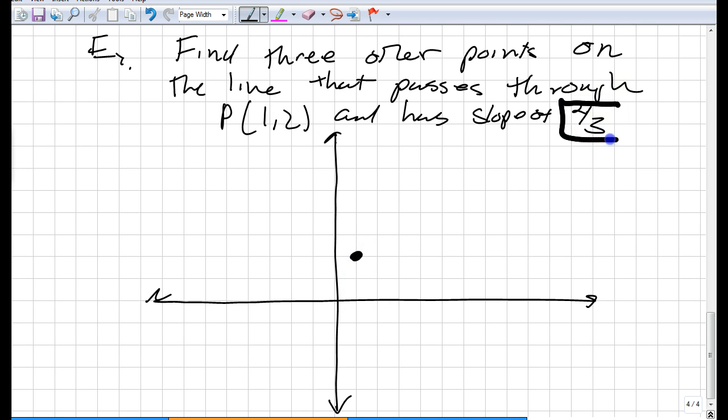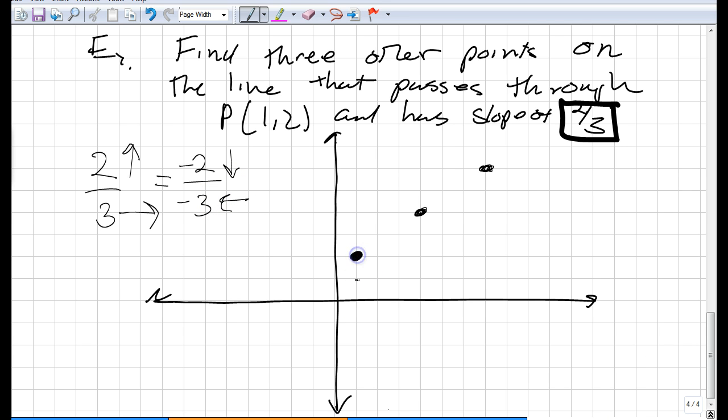But we also know the slope is 2/3. So the 2 tells me to go up 2 and right 3. So from this point, if I go up 2 and right 3, I find another point on the line. And I go up 2 and right 3 again, I find another point on the line. I could also go negative 2, negative 3, which tells me to go down 2 and left 3.